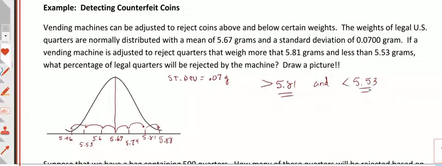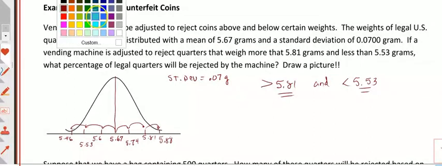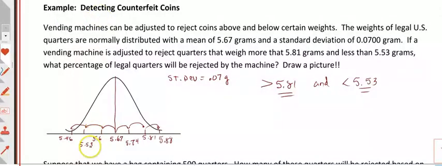Now let's draw some lines and do some shading. I'll incorporate a different color here, maybe this bright blue, and I'll mark a bright blue line at 5.53 and a blue line at 5.81. It's stating that I want to reject quarters that are greater than 5.81, so that's all this area to the right.